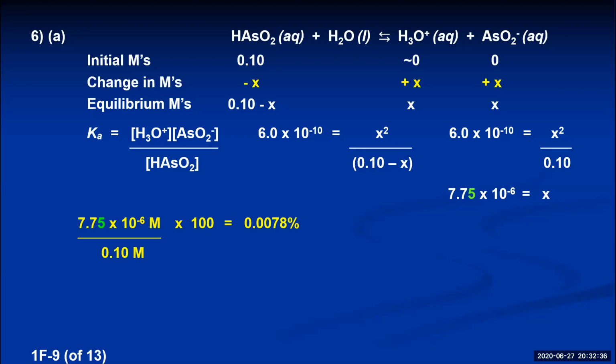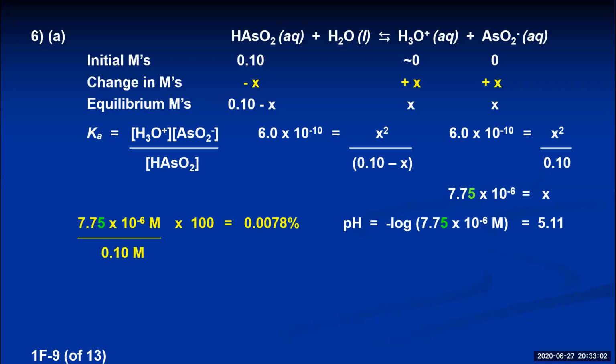X is really, really small. So we can assume that x is 7.8 times 10 to the minus 6th. Now that's the hydronium ion concentration in the equilibrium line of the ICE table. So if we just take the negative log of the 7.8 times 10 to the minus 6th, that'll give us the pH of this solution. And to two significant figures, we write two places past the decimal point, comes out 5.11.